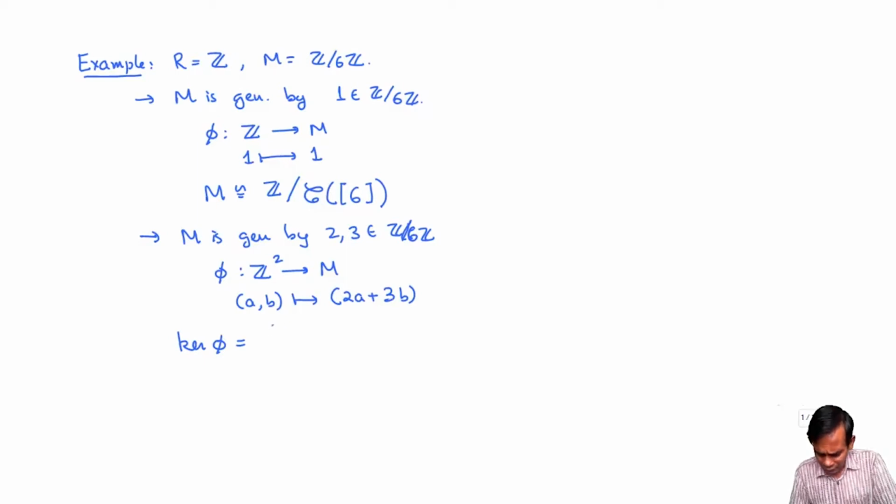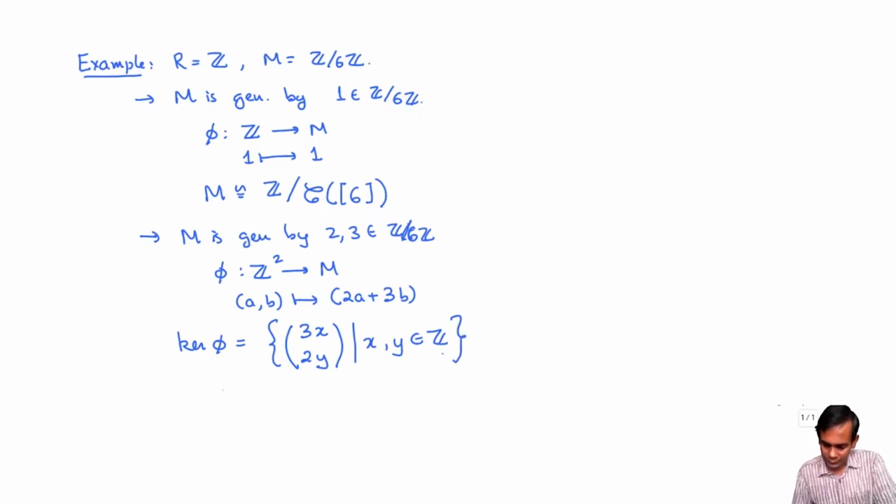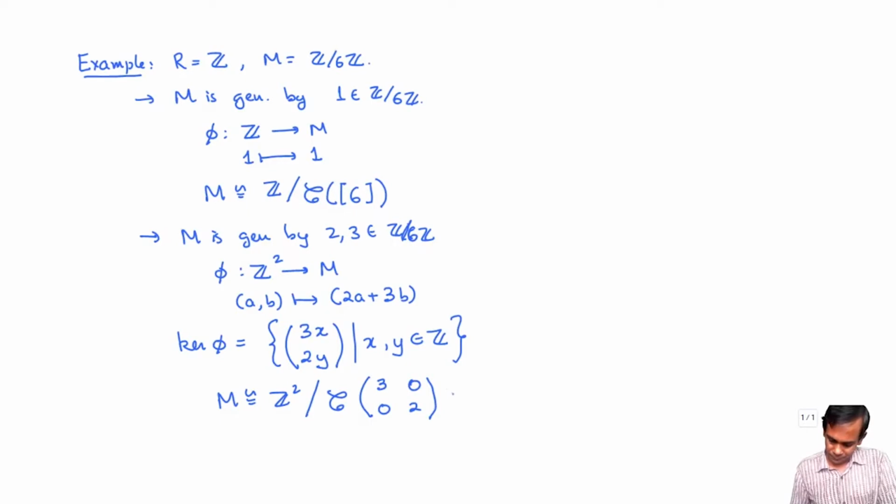In fact, it's not very difficult to show that the kernel of phi just consists of vectors of the form 3x, 2y, where x, y belongs to Z. And so what we get is M is isomorphic to Z squared modulo the column space of the matrix generated by 3, 0, 0, 2.